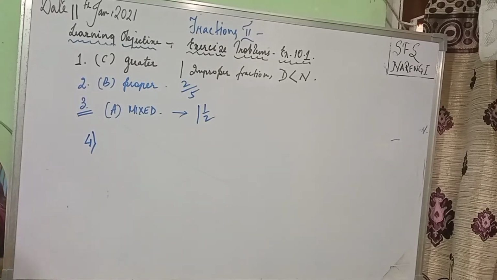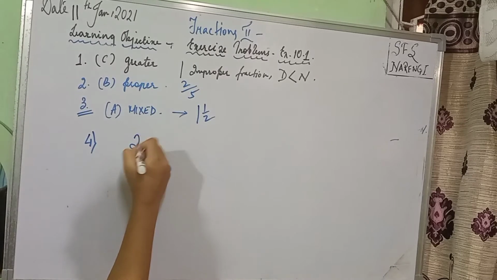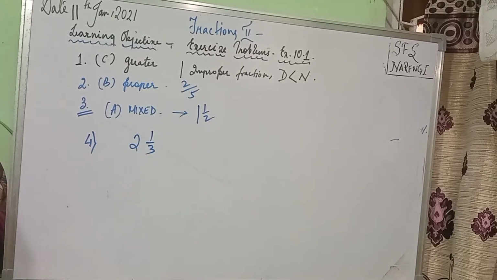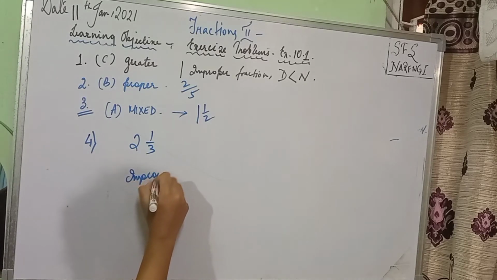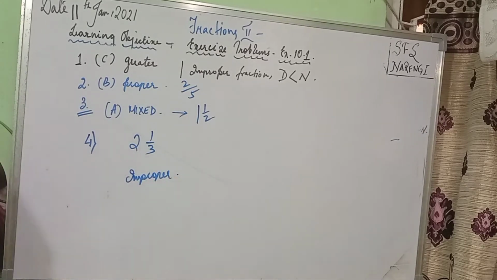An improper fraction of the form 2 1 by 3 is, so you have 2 1 by 3, right? You have to make an improper form. What is an improper fraction? Numerator greater than the denominator. So how do you do that?